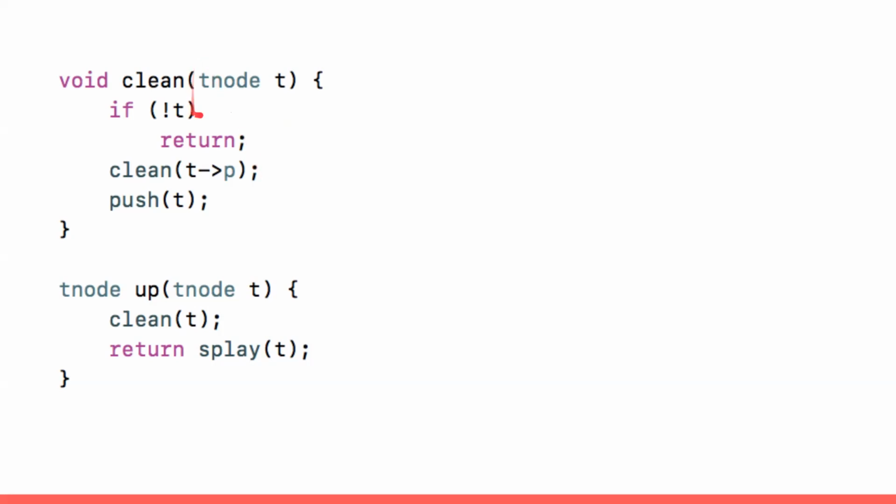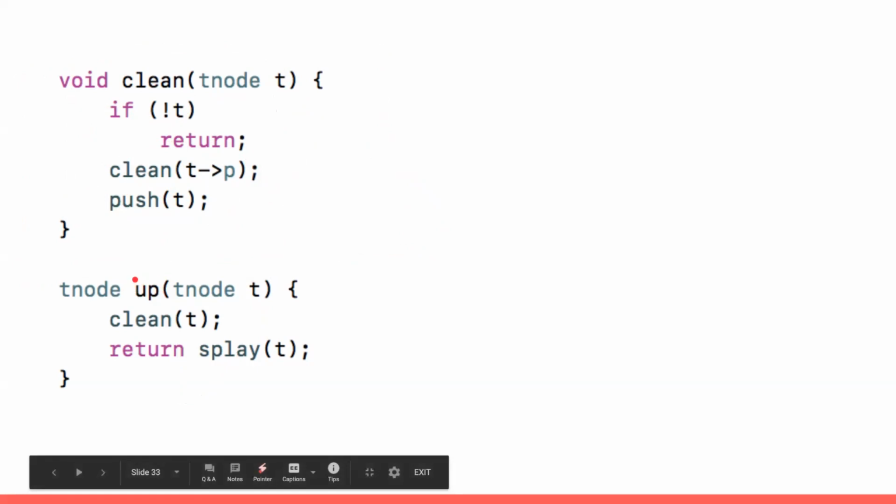So what do we do? Firstly, we go to the root, and then for the root, we push it. After we are done with the root, we go to the next node, the child of the root, and push it again. So after we call this clean function, we can be sure that between vertex T and the root, we don't have any reverse flags.